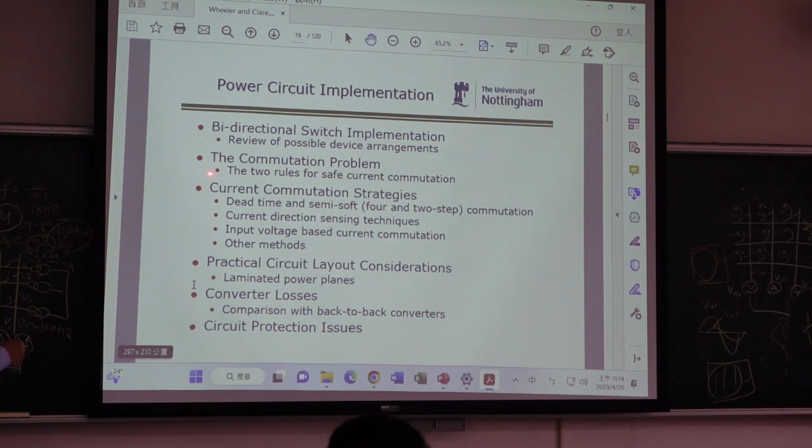How can we do the current commutation? And we have many ways. We have to consider layout, because it is high power. And we have to consider the loss and the protection. So a lot of practical issues.